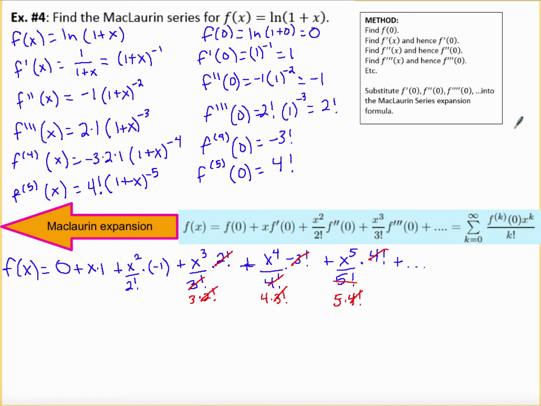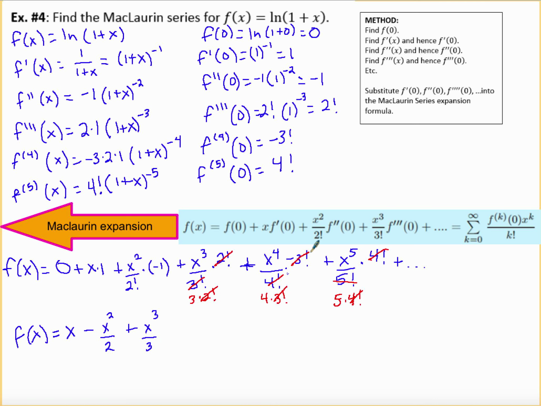So when I rewrite this out now, it's going to look much different. I don't need to write the 0 again. 1 times x is x. Negative 1 times x squared is negative x squared. And 2 factorial is just 2 times 1, which is 2. Now over here, I've got plus x cubed. The 2 factorial canceled out the 2 factorial, and it left me with the 3 in the denominator.